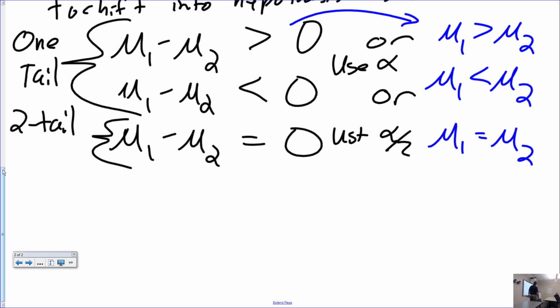So this is actually something that is relatively commonly done out there in the real world, comparing two populations to see which one has a higher mean for whatever it is that you're trying to measure.